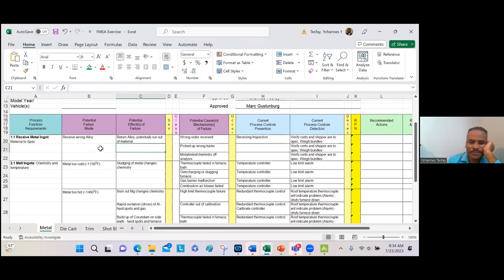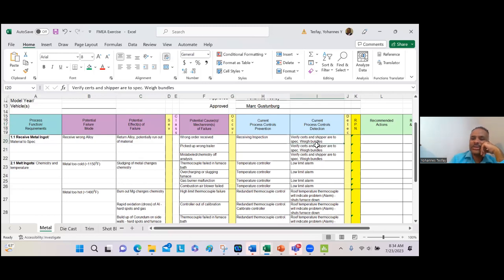Now here, if a wrong material is brought in, there is severity, occurrence, and detection. Okay, detection: how are you going to detect it?